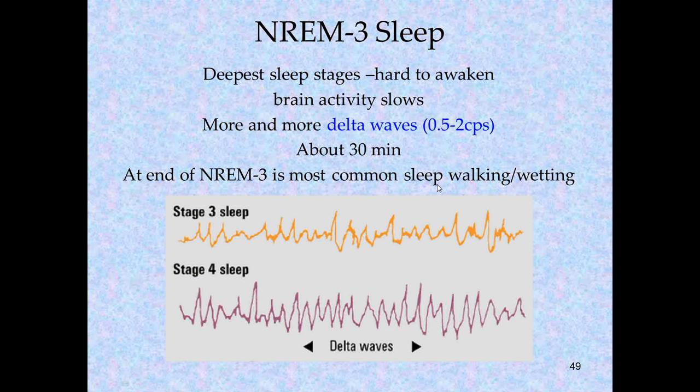Their conscious areas of the brain are not fully involved at that point when they're sleepwalking. They're actually in deep sleep. Bedwetting also, if it occurs, is most likely to happen in non-REM 3. The person is less aware of stimuli, including internal stimuli that alert them that they need to get up and go to the bathroom.